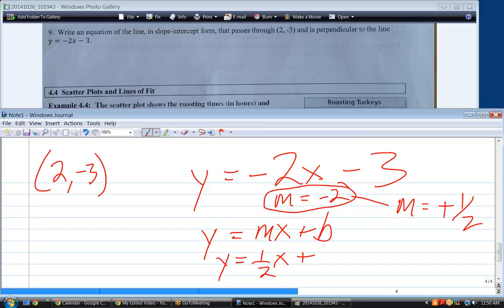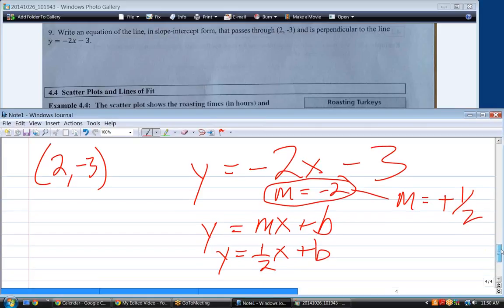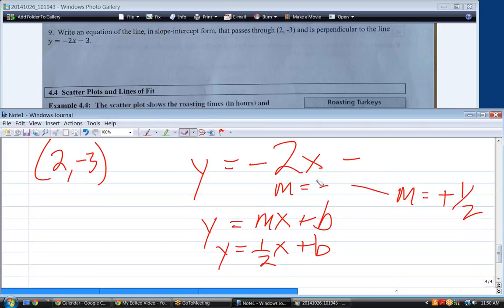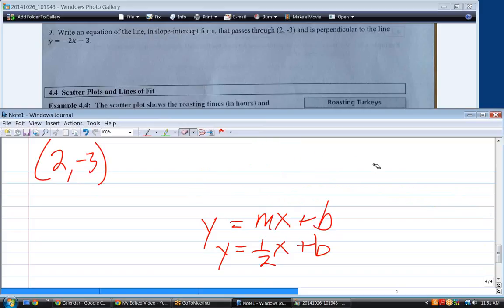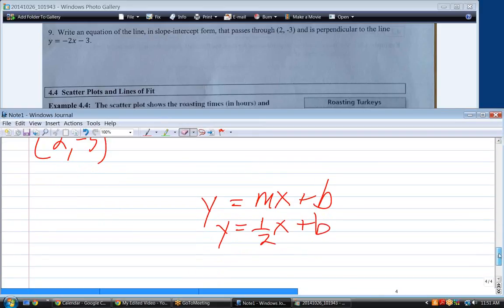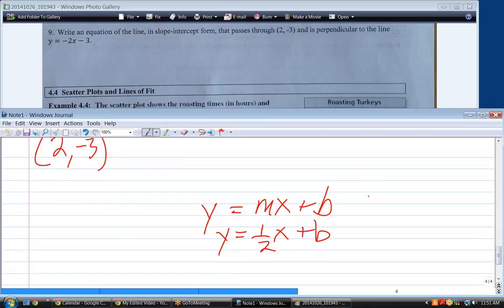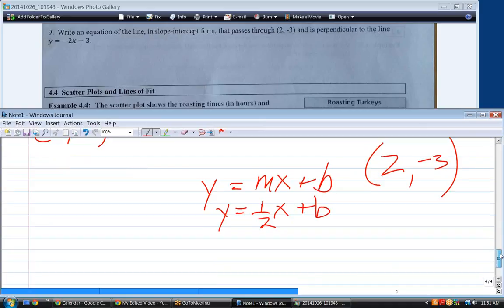All right, so we get that far. Now what? So y is equal to 1/2 x plus b, and it goes through the point (2, -3). What am I missing here? I've solved for the slope.